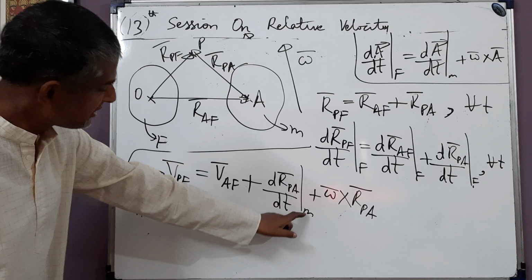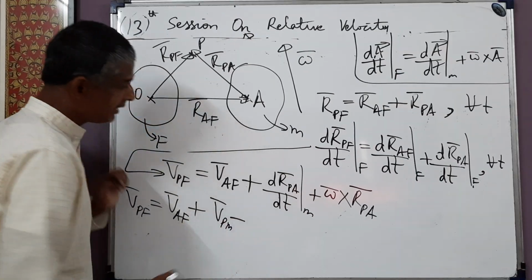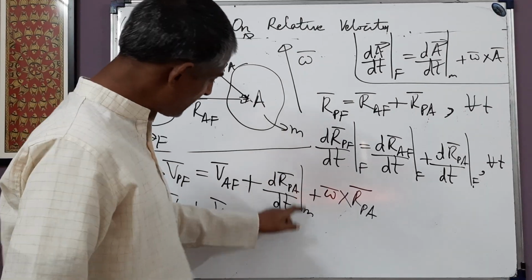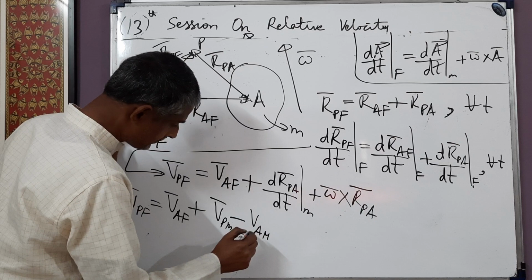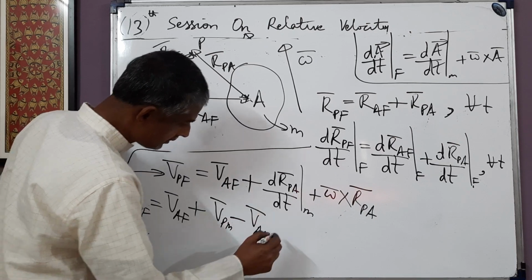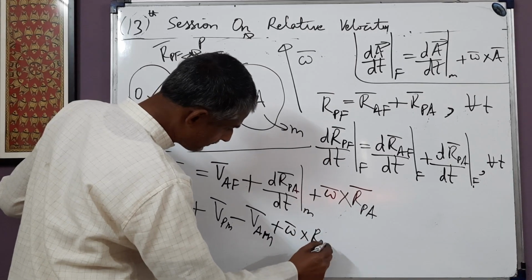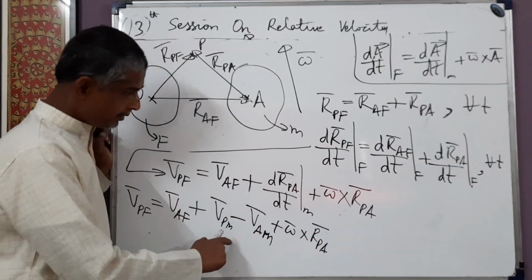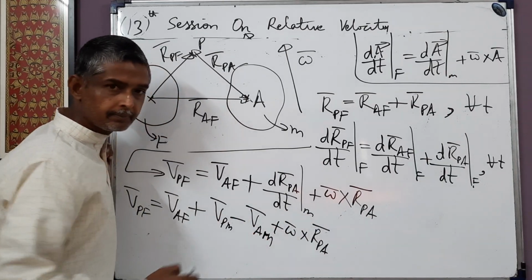So d rPA by dt in frame M will be written as vPM minus vAM, plus omega cross rPA. Is this one clear?